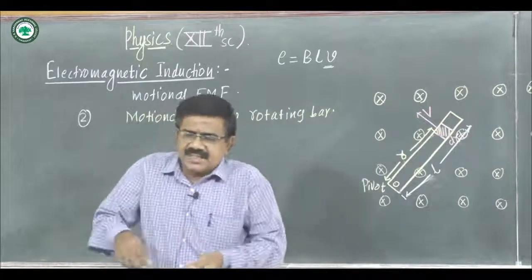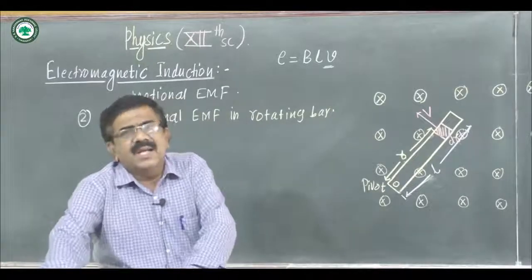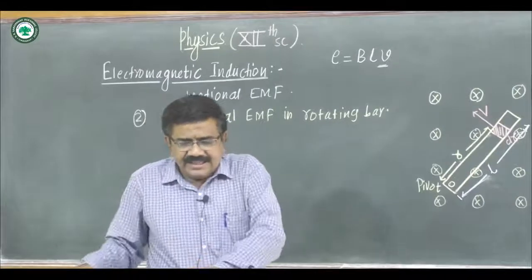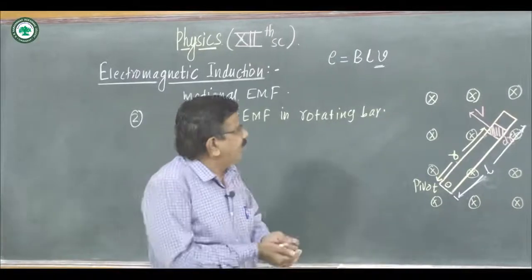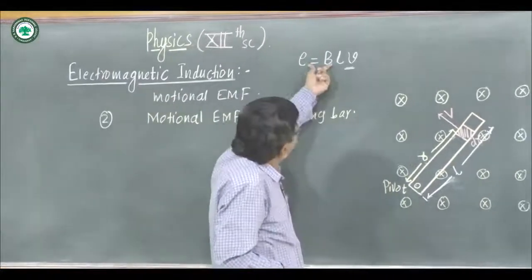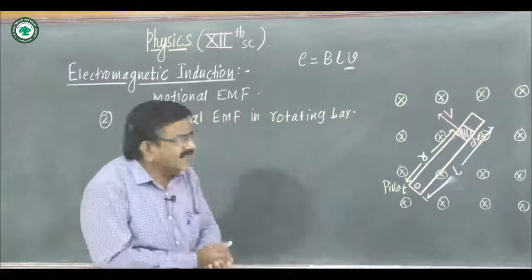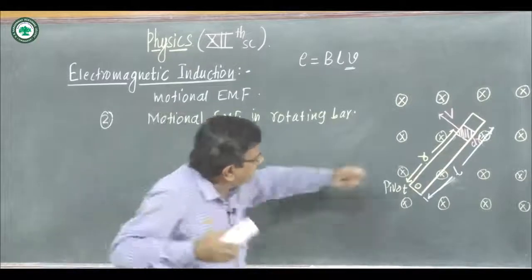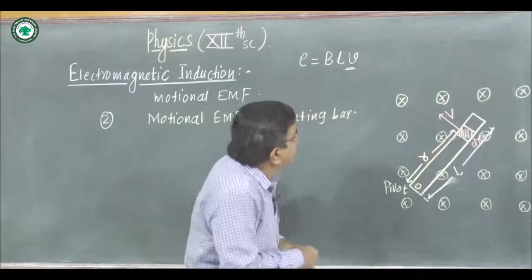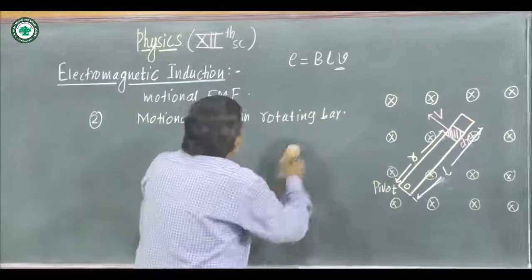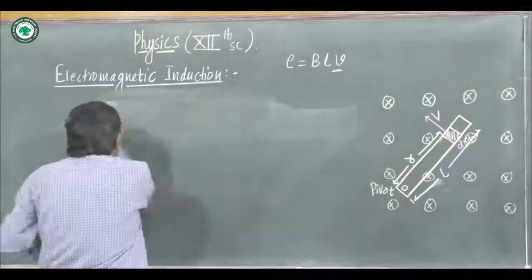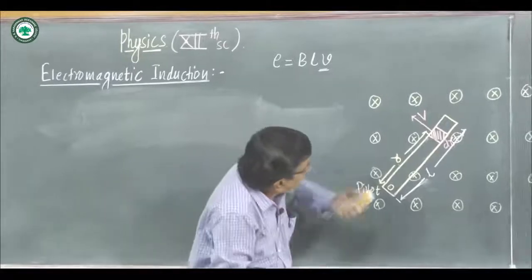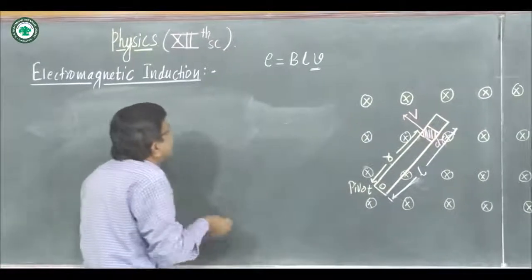Due to rotation of this bar, EMF is induced between the ends of the bar. We know the induced EMF in a conducting bar is BLV. If we consider the small element dr, the induced EMF in that small element will also be small.